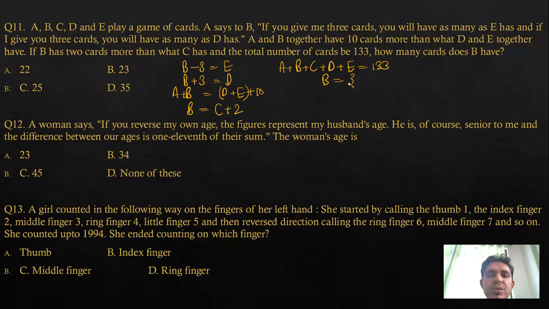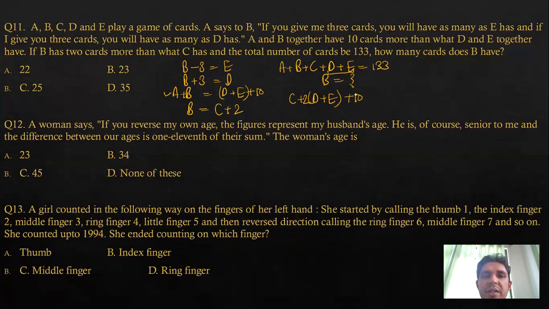So what can we do for this question? If we go for the third condition that is given, A plus B is equal to D plus E plus 10, and D plus E is also there, so we can write it as C plus D plus E plus D plus E, that means C plus 2D plus 2E plus 10, right?